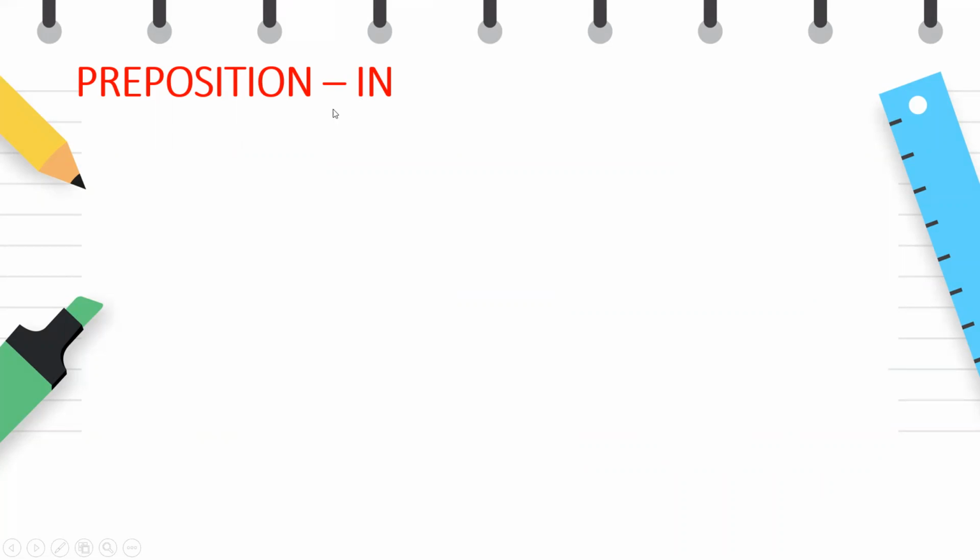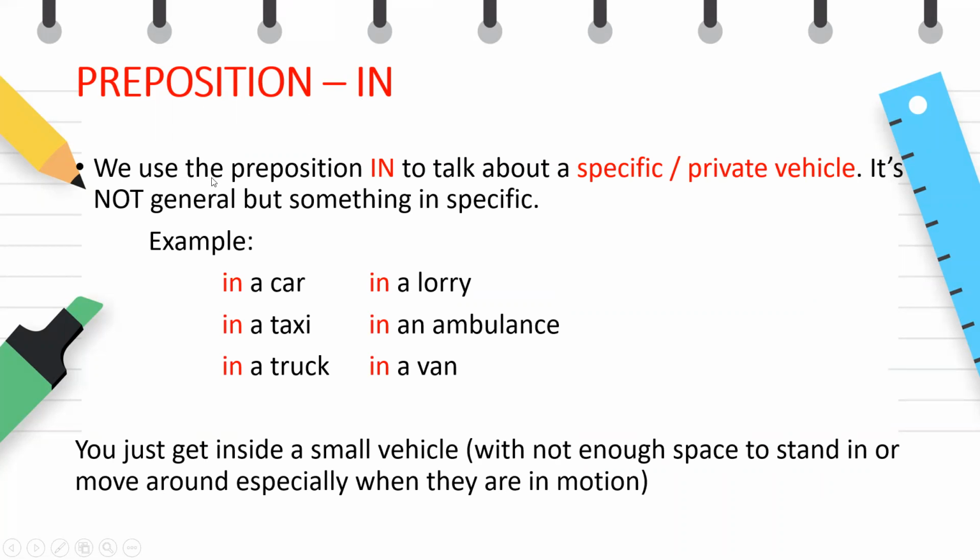Preposition in. We use the preposition in to talk about a specific or private vehicle. It's not general, but something specific.